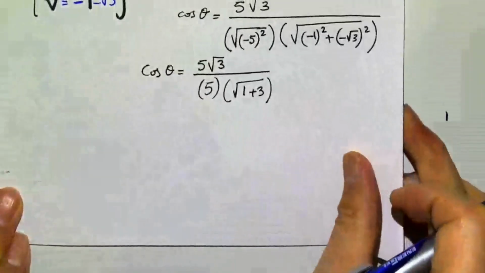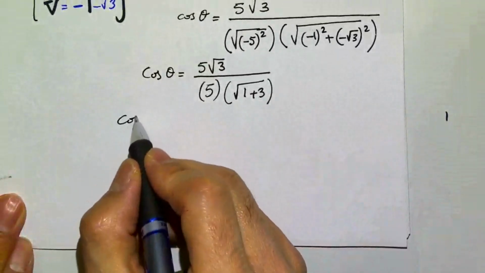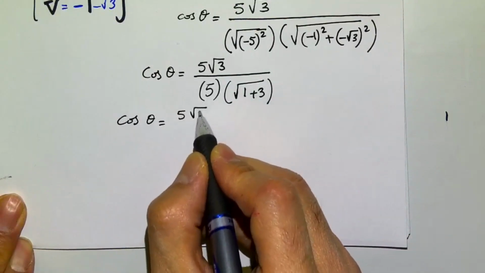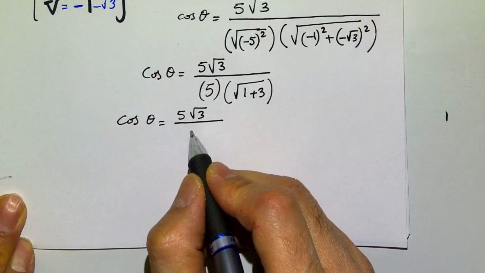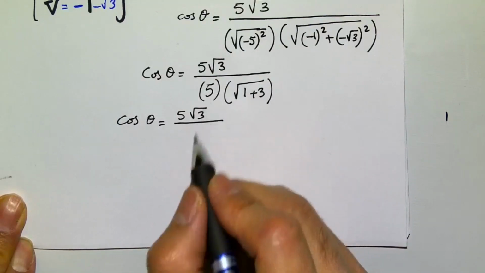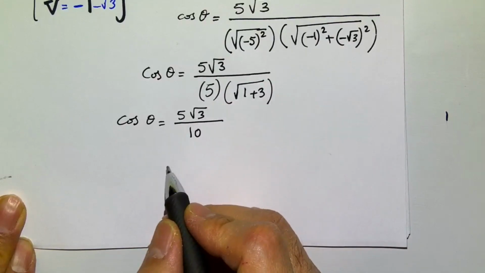So we have cosine of theta equals 5 square root of 3 divided by 5 times the square root of 4, which is 2. 2 times 5 is 10.